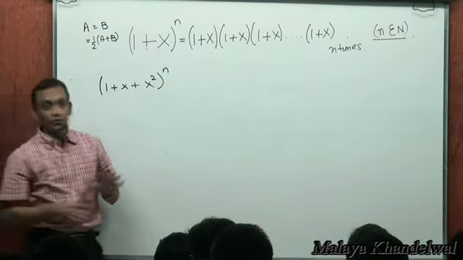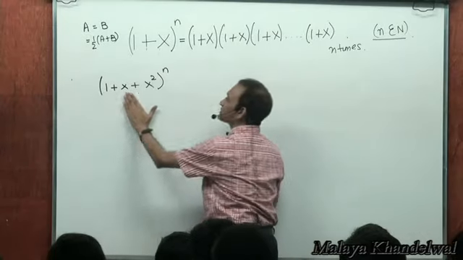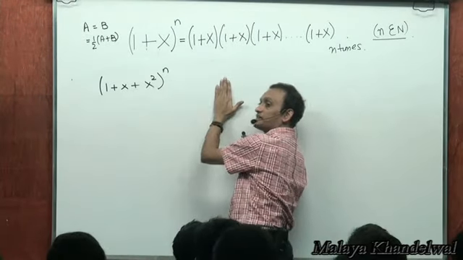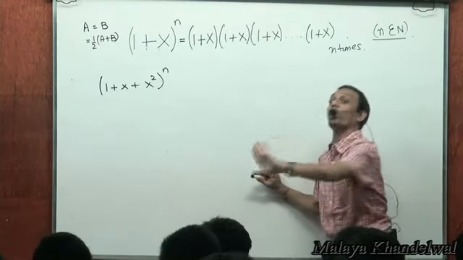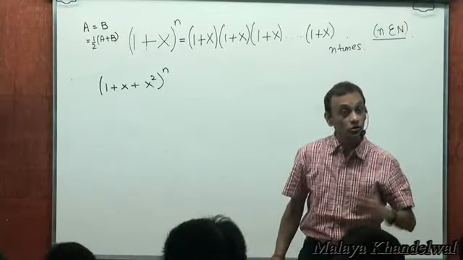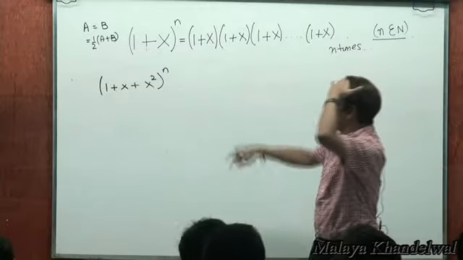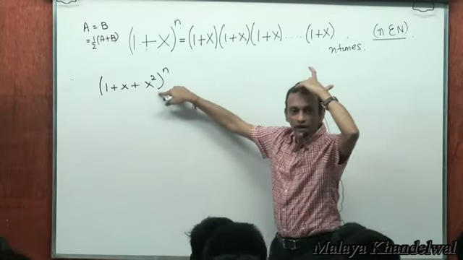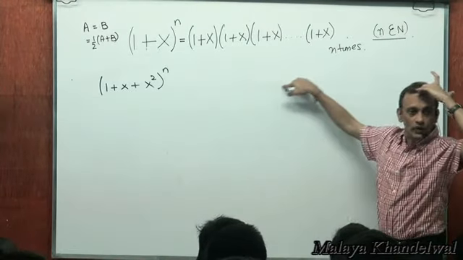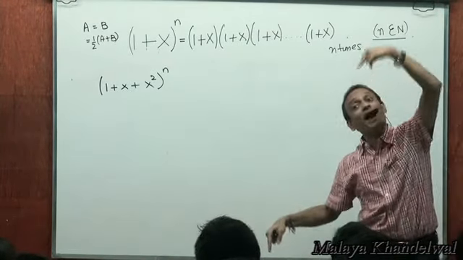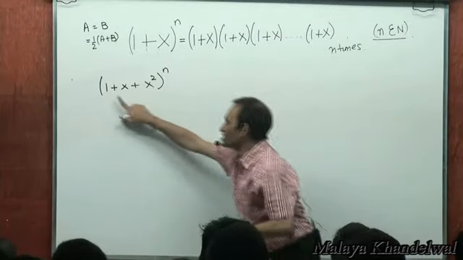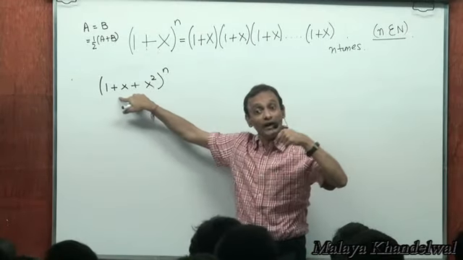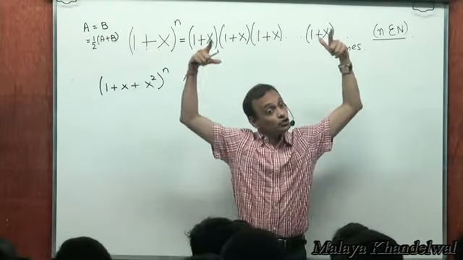Now do you realize this is 1 plus x squared into 1 plus x squared into 1 plus x squared, how many times? n times. That means the highest power of x would be, take the last term, x squared into x squared into x squared into x squared n times, that is x to power 2n. The smallest power of x would be 1 into 1 into 1, that is x power 0.